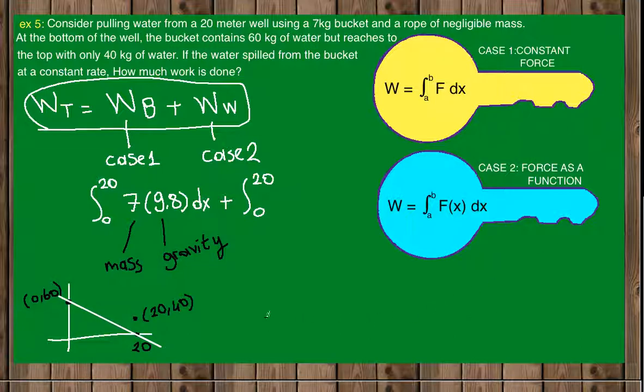Now we need to calculate the slope here. So slope is delta y over delta x. Delta y is y2 minus y1, with x2, y2, x1, y1. So y2 minus y1 is 40 minus 60, and x2 minus x1 is 20 minus 0.